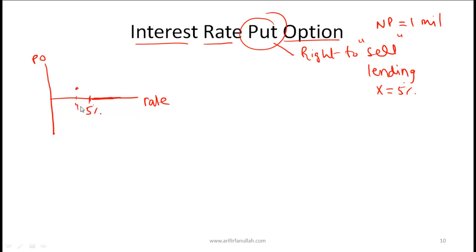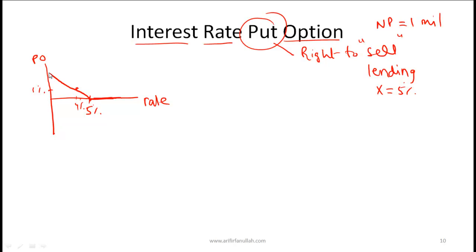Why? Because the market rate of interest is 4%, and because we hold this interest rate put option, we have the right to lend at 5%. So that 1% difference is the benefit that we are getting because we have this put option, and so our payoff is 1%.